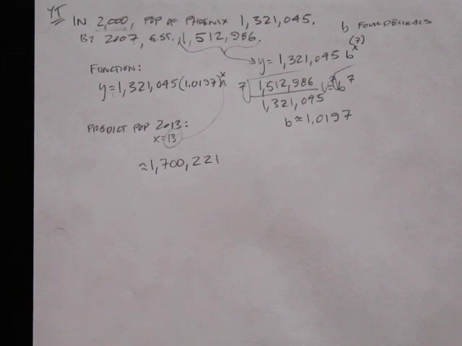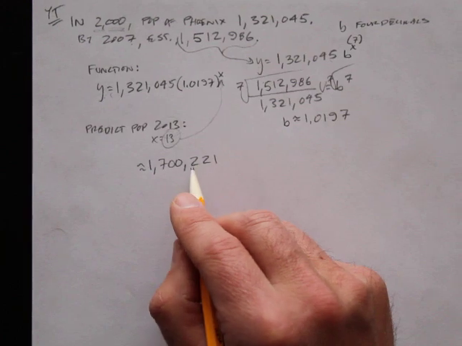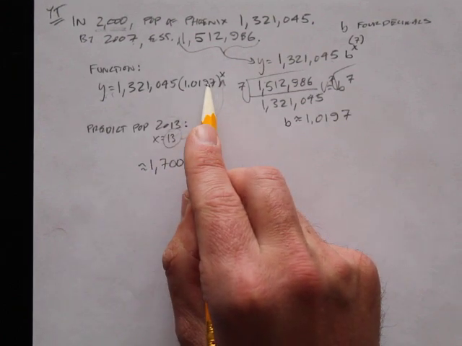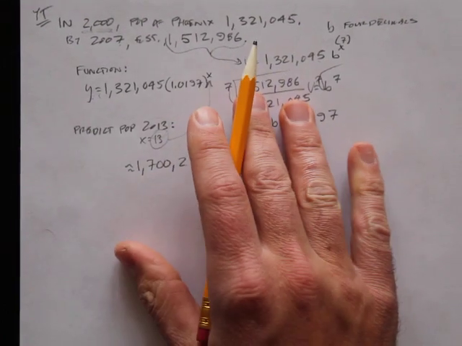Raised to the power of 13. Oh, and then multiply by 1321045. All right, so when I plug this into the calculator, last time I had used 96 because we did some rounding over here.